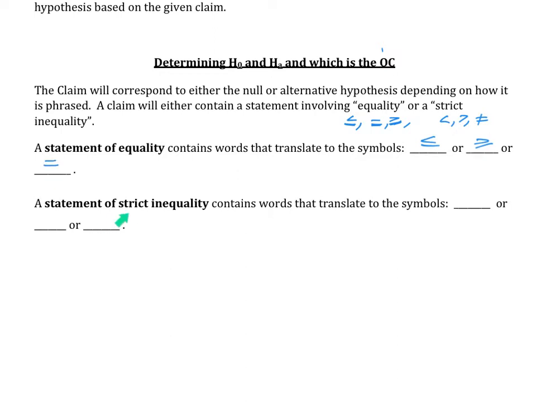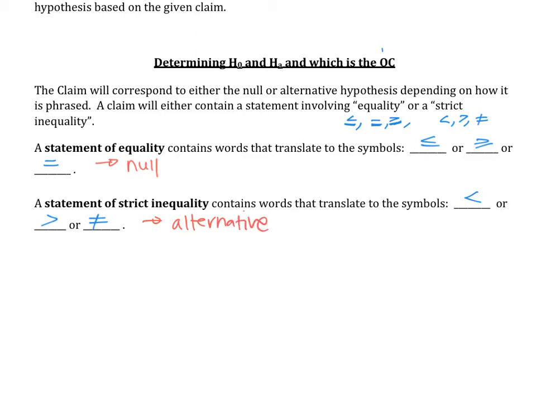And a statement of strict inequality means they're not equal, so one's smaller than the other one, vice versa, or not equal. So every claim will have one of these symbols. If you see one of the equality symbols, then your claim is going to be the null hypothesis. If you see one of these inequality symbols, then your claim is going to be the alternative hypothesis.